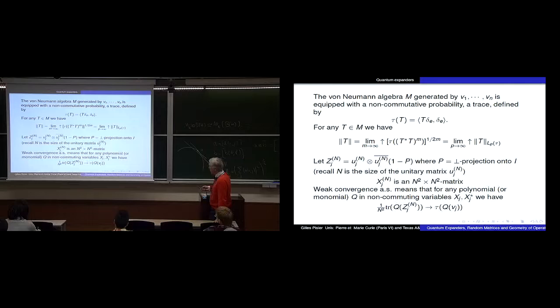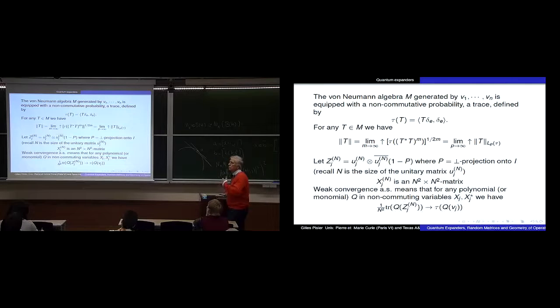Okay, so I remind you here quickly that we now want to analyze, oops, that should be a z. There's a misprint here. I changed x to z, and I forgot this one. So I decided to call this Z_J^n. So Z_J^n is an n squared times n squared matrix. And the weak convergence that I'm talking about can be expressed by just restricting, like you do in probability theory.